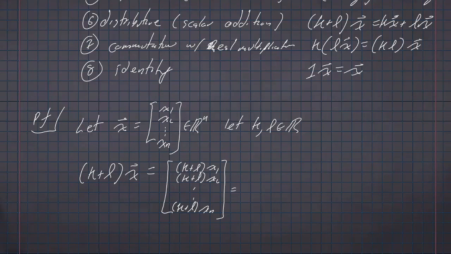Now, inside that vector, k plus l times x1 is a bunch of real numbers. So I have the distributive property, scalar addition, scalar multiplication.